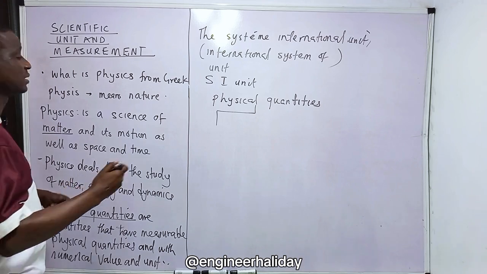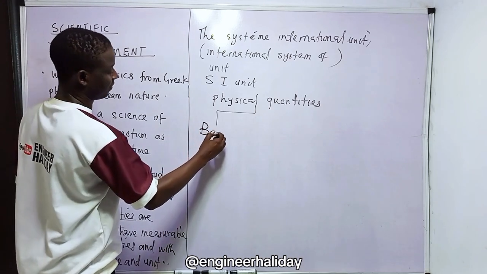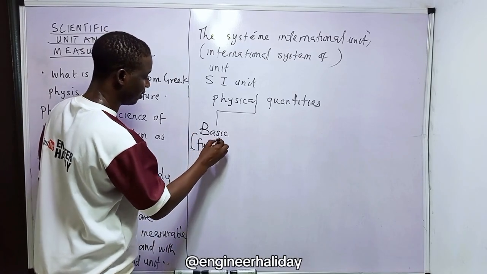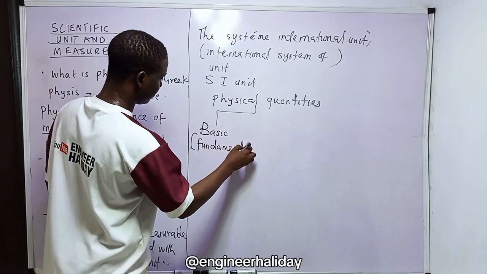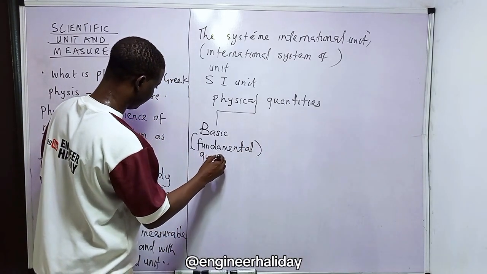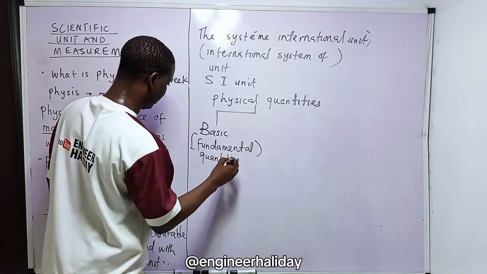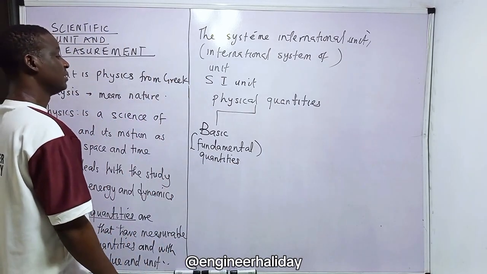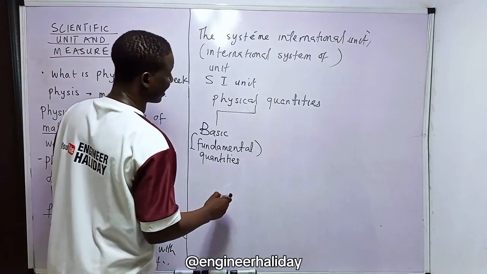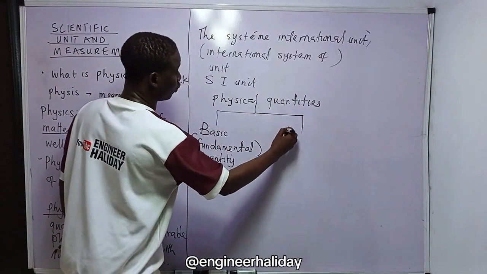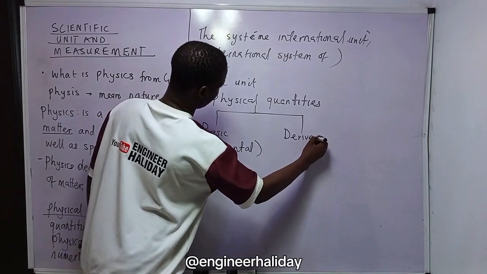Number one is what we call the basic quantity, which is also known as the fundamental quantity, sometimes called units. And we have the second one, which we call the derived quantity.